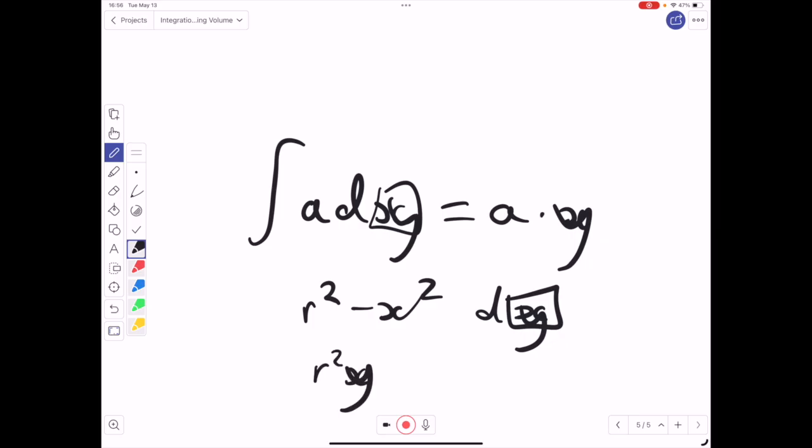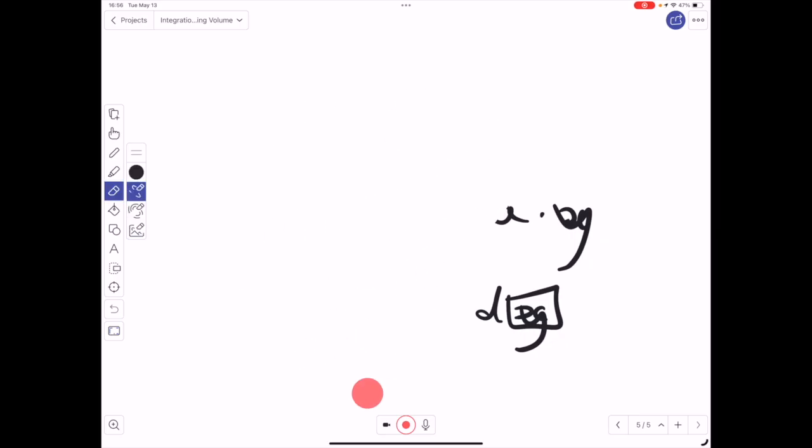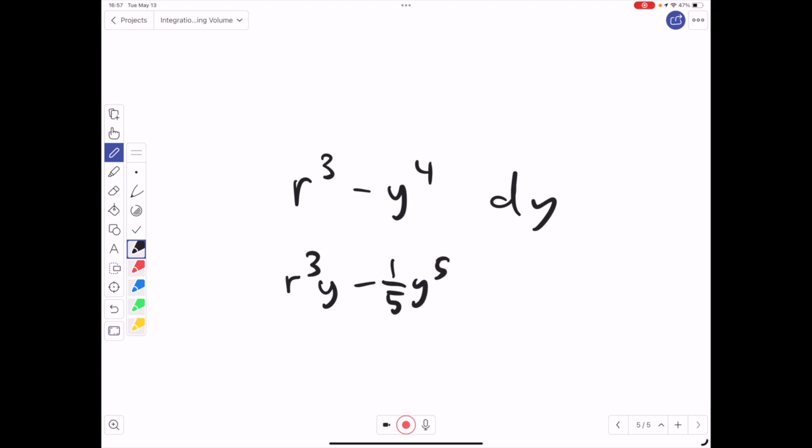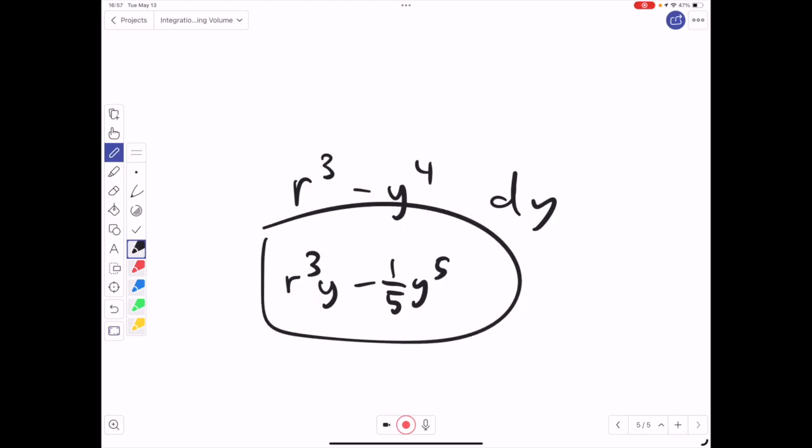If it's y, it's r squared y. And if you had something like r cubed minus y to the 4, and then dy, we can use the same principle and you get r cubed y, and you subtract 1/5 of y to the power of 5. And then that is going to be your result.